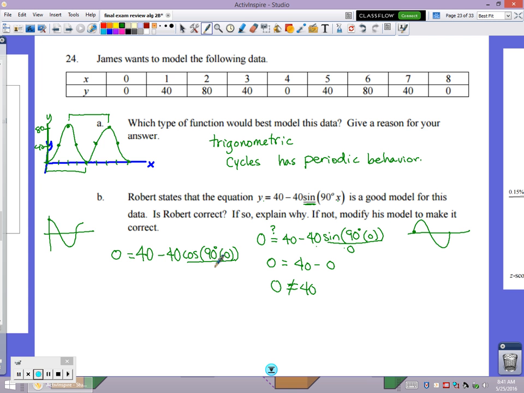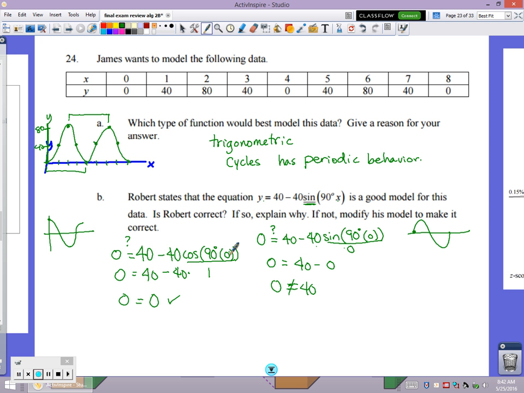So this right here is 1 times 40. So here we have 40 minus 40 times 1, so just 40 minus 40 is 0, equals 0. Woohoo! So we were asking, is that true? And it is. So it looks like if we change that sine to be cosine, then the model fits that data.